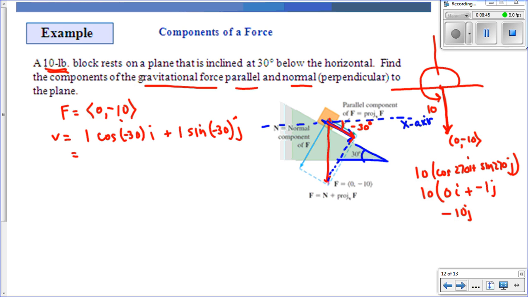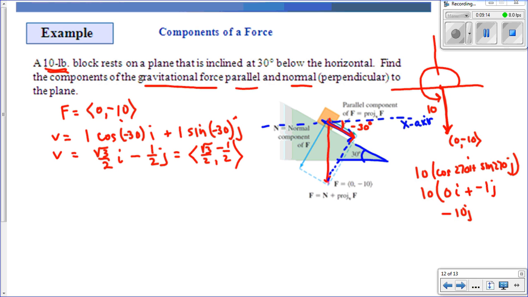Now cosine of negative 30 is the same thing as cosine of 30, which is the square root of 3 over 2. And sine of negative 30 is negative sine of 30, which is negative 1/2. So this vector v would be the square root of 3 over 2, negative 1/2 in component form. So now I want to project F onto v.